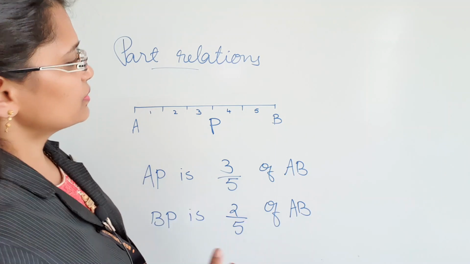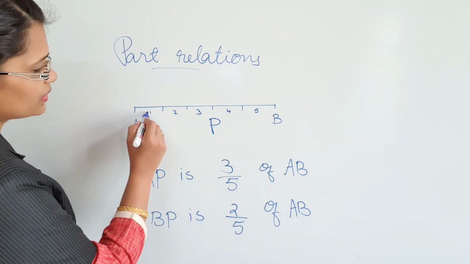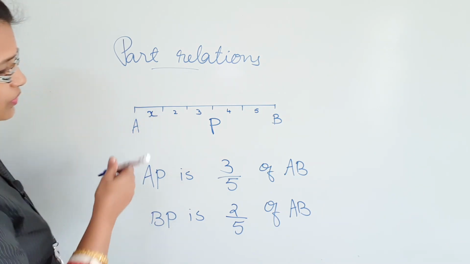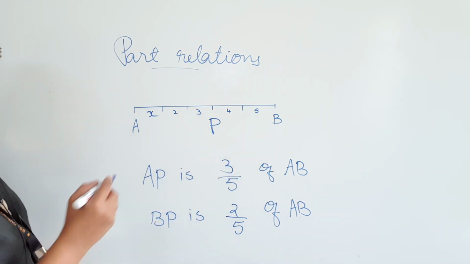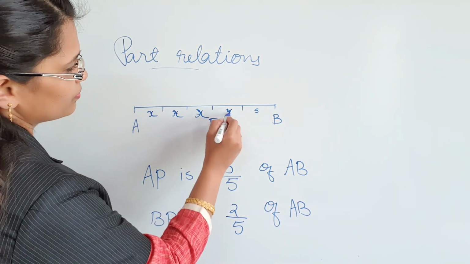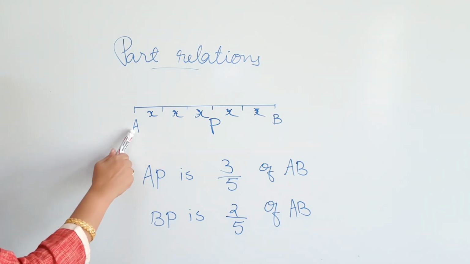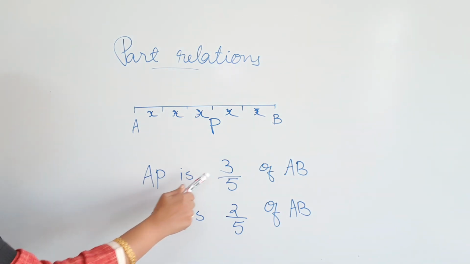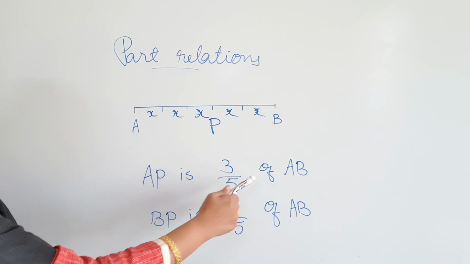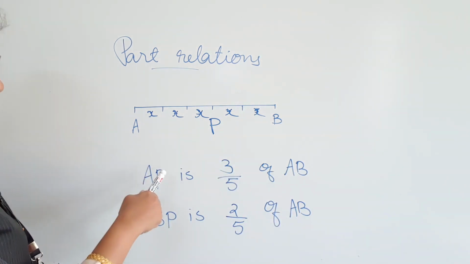Now we can do the same thing in algebra also. So take this part as x. These all are equal parts, right? So these all are x, x, x. AP is 3 by 5 of AB. But in algebra, how can we say this?